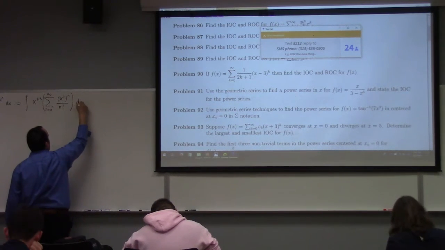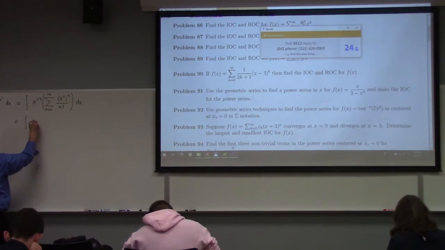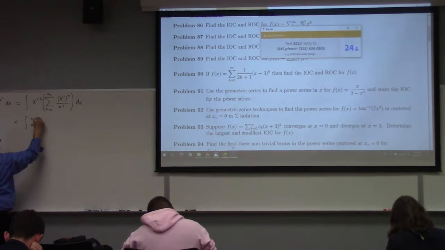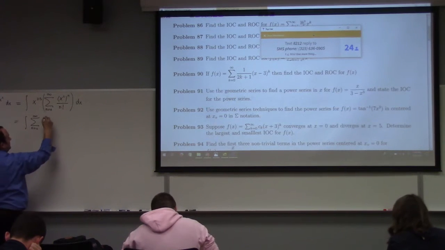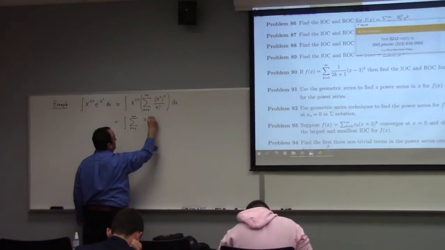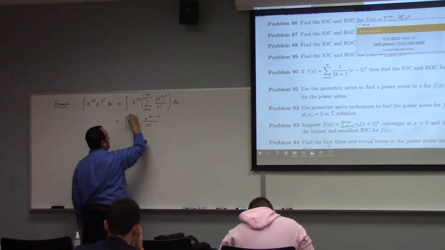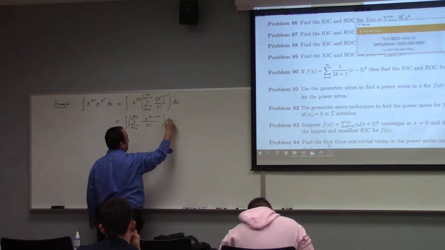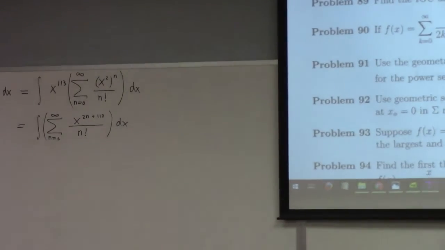You do need to simplify the power series for the integrand before you make the critical step. So this is x to the 2n plus 113 divided by n factorial. There you go. At this point, I have an honest-to-goodness power series centered at 0 for the integrand.